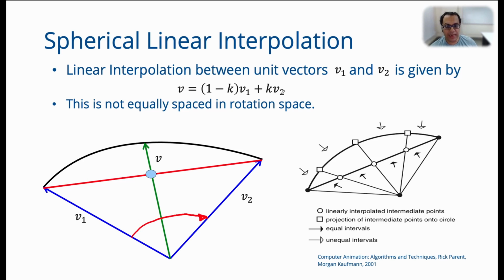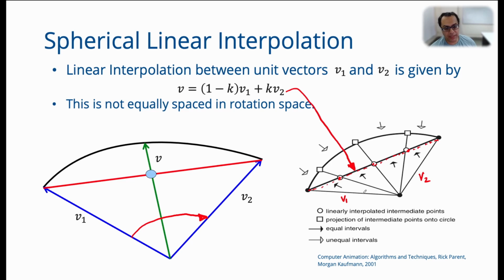Now, if I linearly interpolate from v1 to v2, would I end up actually moving along this chord that joins v1 and v2? This is v1, this is v2. Then this dotted line that I have just now drawn here is the chord. And if I perform the linear interpolation, I will actually land up on this chord. My v's will be here. So I've actually changed the length of v1 and v2.